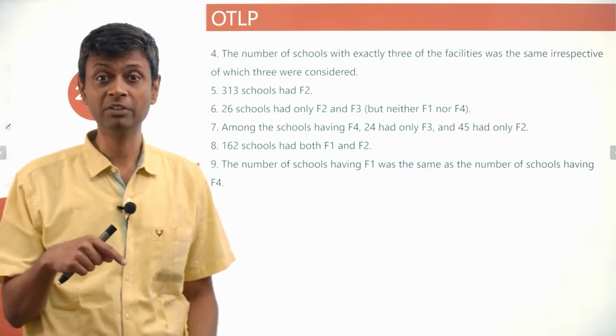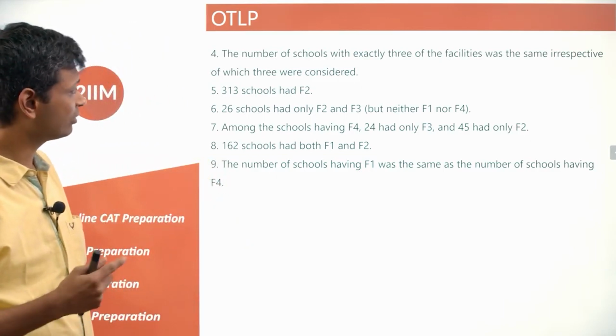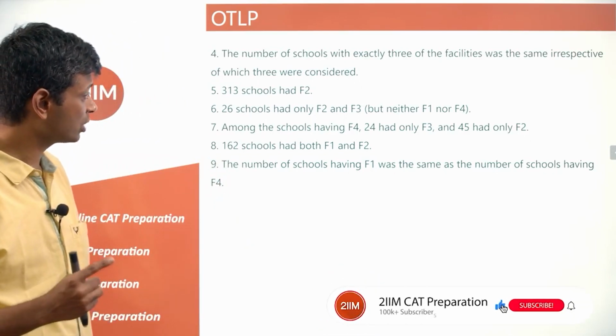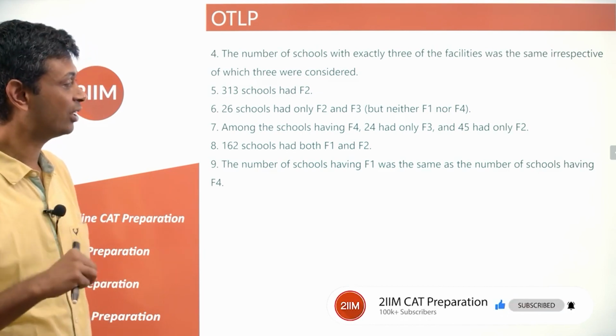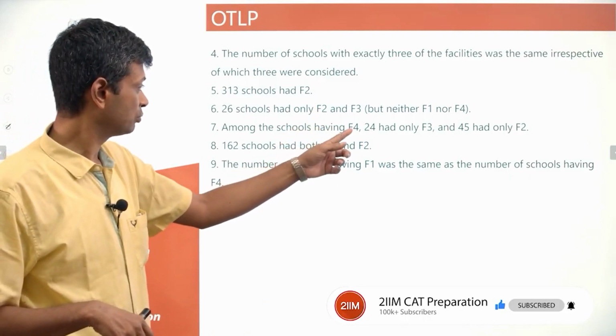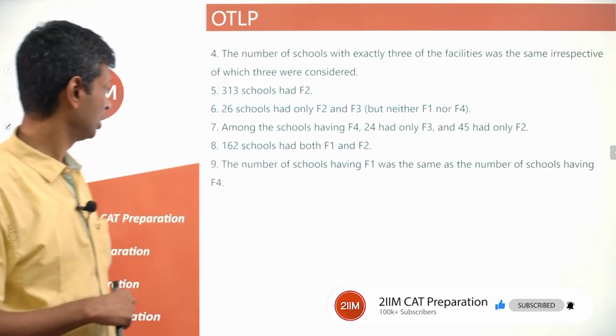Again, it's interesting. We've been given the F2 total number. 26 had only F2 and F3, but not F1 or F4. Among the schools having F4, 24 had only F3 and 45 had only F2. So 2 and 3 alone, 4 and 3 alone, 4 and 2 alone. Some nuggets were being given.